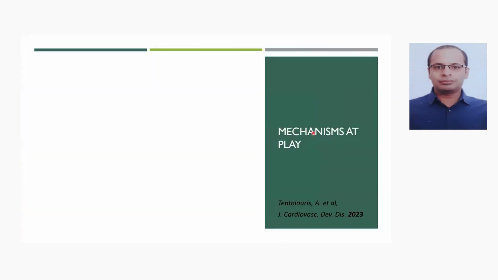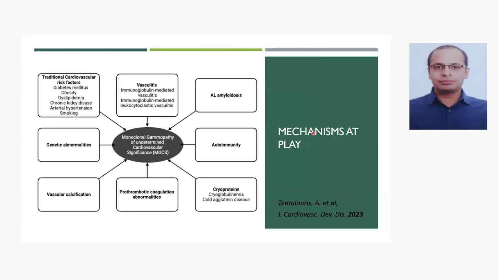What about cardiovascular? So various mechanisms are at play. These include AL amyloidosis, autoimmunity, cryoproteins, prothrombotic coagulation abnormalities, calcification, traditional cardiovascular risk factors which are contributing to everything, and vasculitis which can be immunoglobulin mediated or immunoglobulin leukocytoclastic vasculitis.